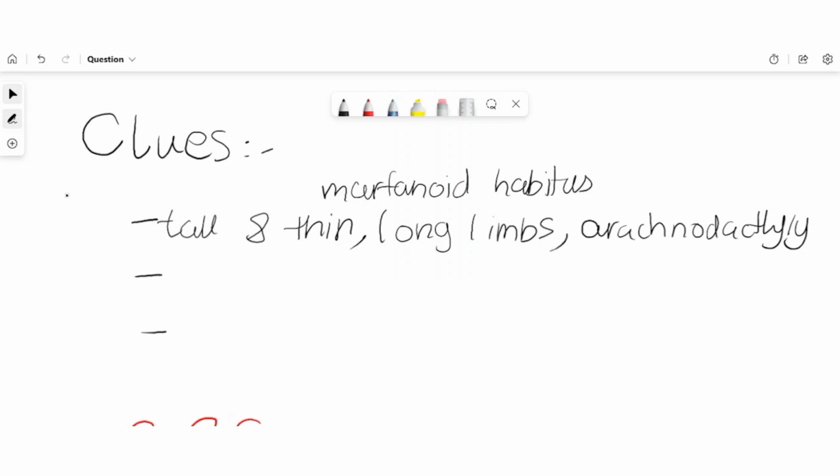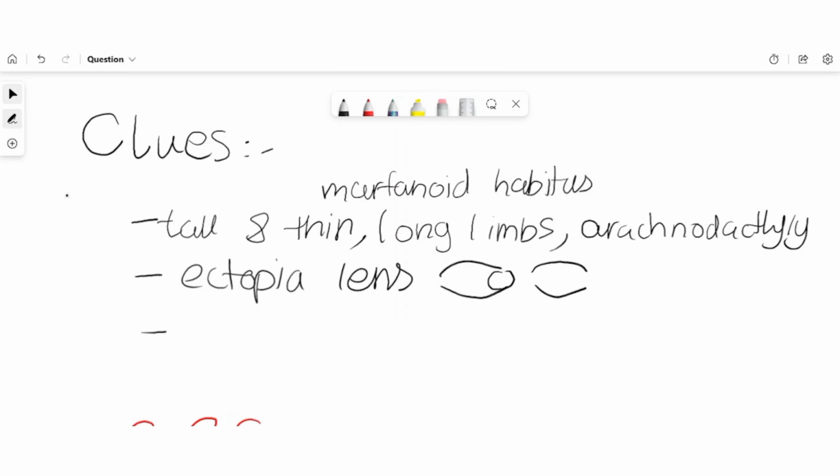So our first clue is marfanoid habitus. Our second clue is that we had the ectopia lentis. So remember, the lens was downwards and inwards in this patient. So we have bilateral inferomedial lens dislocation. Our third clue was intellectual disability.